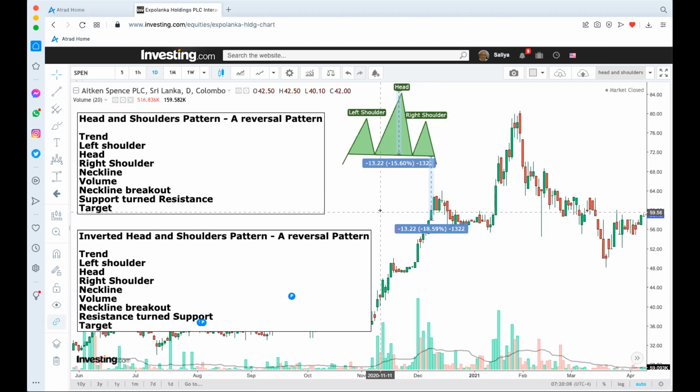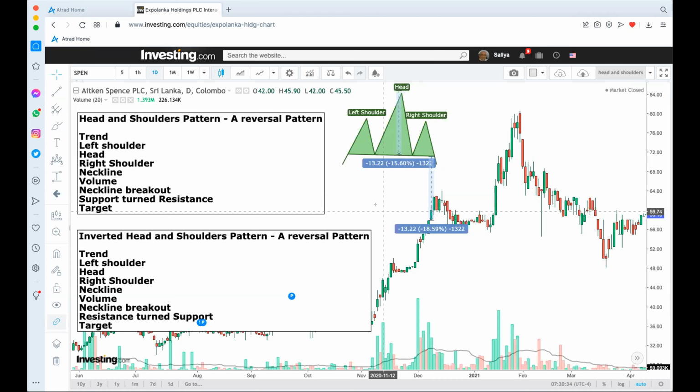So when you draw or when you see a chart with a head and shoulder formation and a price target, always tell yourself that the prices are not going to come down just in one line. It will take time. And at the same time, it can turn before that also.